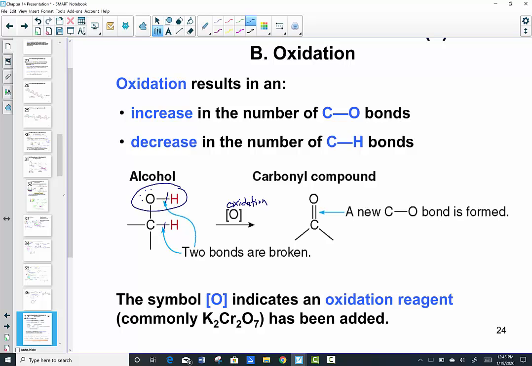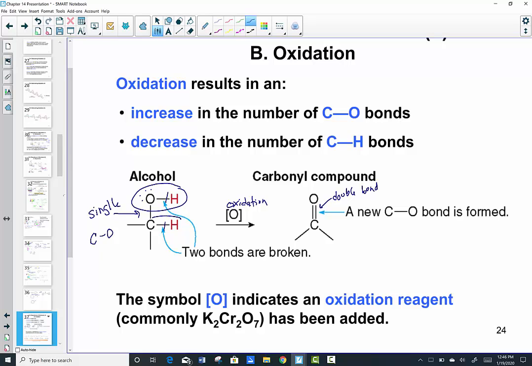Notice here in the beginning material of an alcohol, we have just a single bond of the carbon to oxygen. To oxidize means we're going to increase the number of bonds. Well, increasing that goes from a single to a double bond between the carbon and oxygen. We've added a new CO bond.